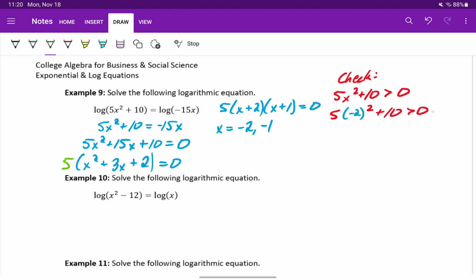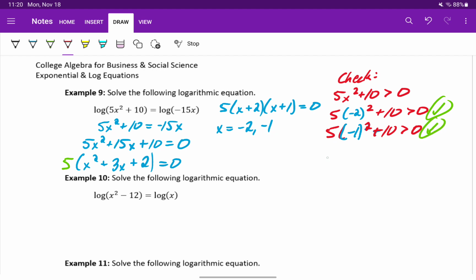That checks out. And then we also need to check our other solution, negative 1. That will also end up being positive. So both of our solutions work for the first logarithm.